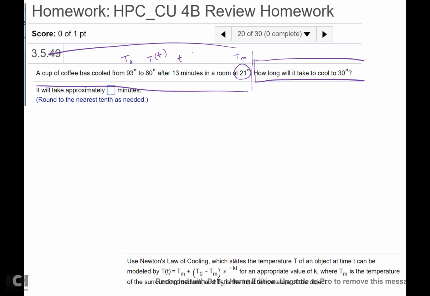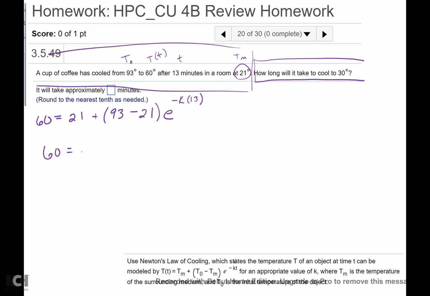So if I plug all of those into my equation, it was 60 degrees in a room that's 21 degrees, plus the initial temperature, 93, minus the temperature of the medium, 21, times e to the negative k times 13. So if I do 93 minus 21, I get 72.